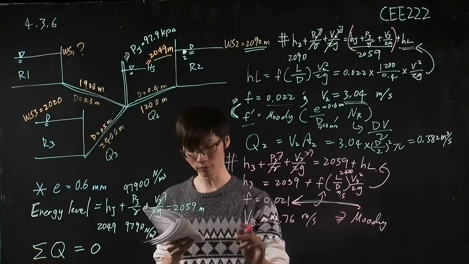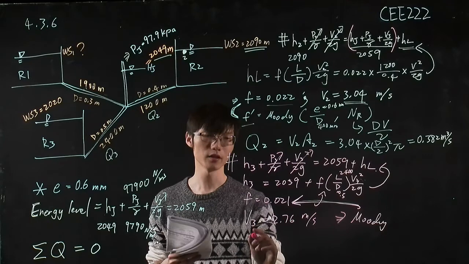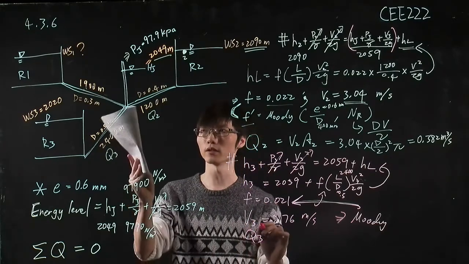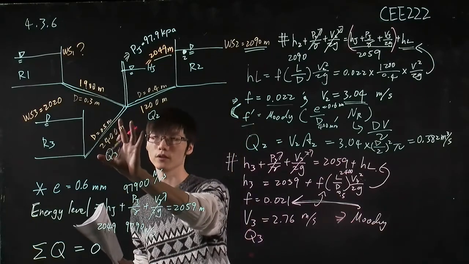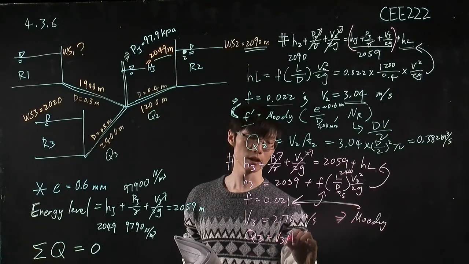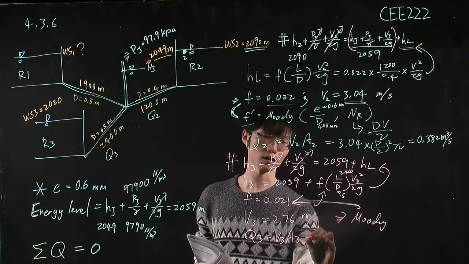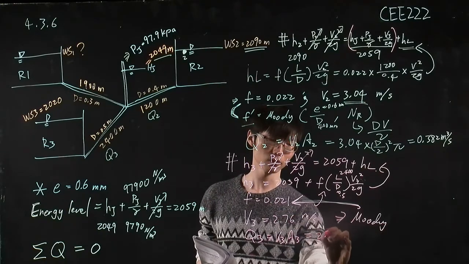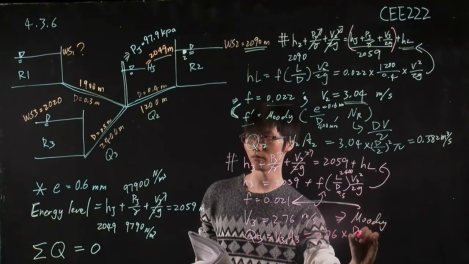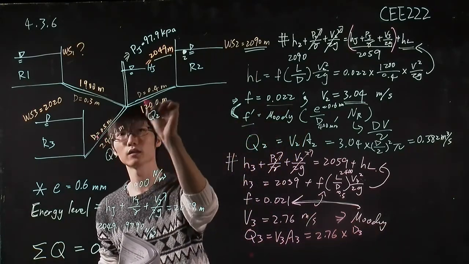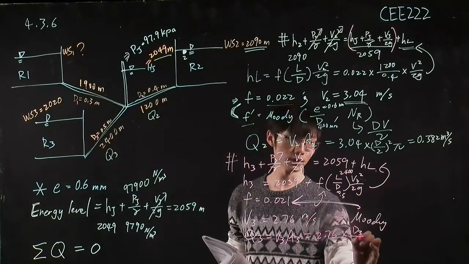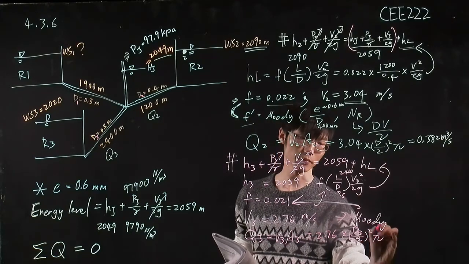Okay, so now we have the velocity here. Using the same equation, we can calculate the flow rate Q3. It's equal to V3 times A3, that's equal to 2.76 times D3 divided by 2 squared times pi.